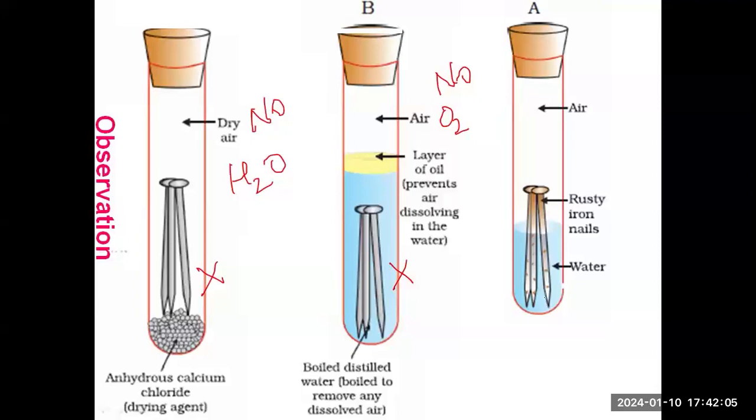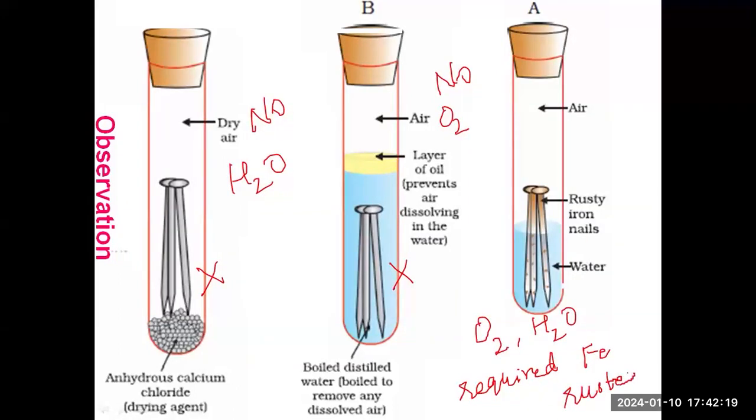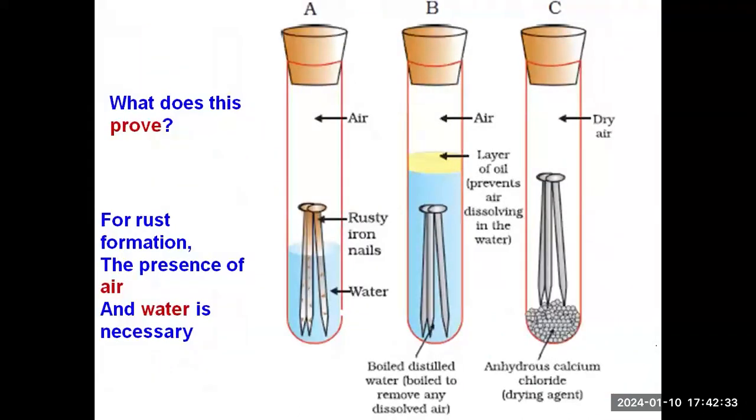So this activity shows that the presence of both oxygen and water is required for iron to get rusted. For iron to get rusted, only water is not enough, only oxygen is not enough. We need both oxygen and water for the rusting of iron.